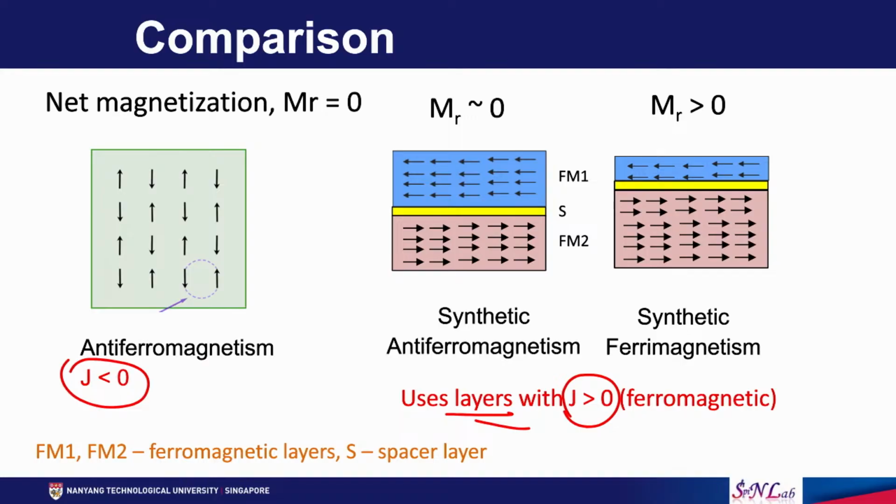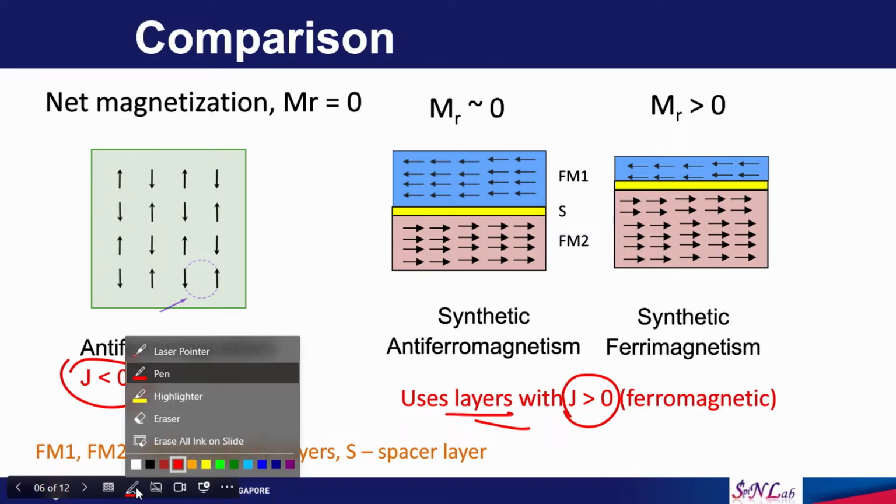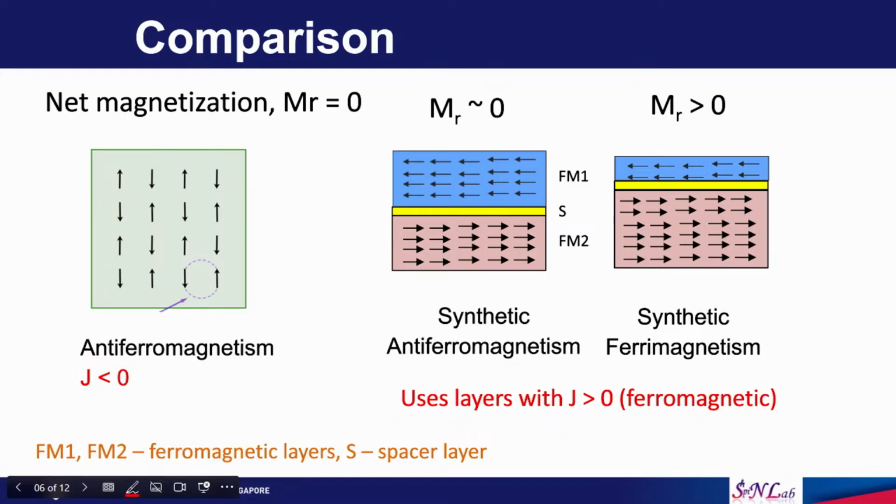Okay, so, in antiferromagnetic material, the interaction between two magnetic moments is determined by the exchange interaction, which is less than 0. But in synthetic antiferromagnetic material, we are using layers where J is greater than 0, because these are all ferromagnetic material, right.